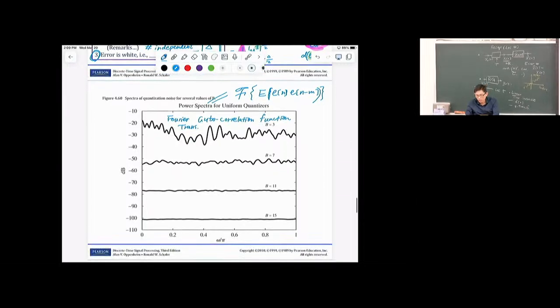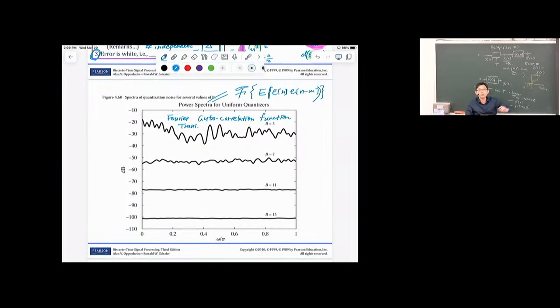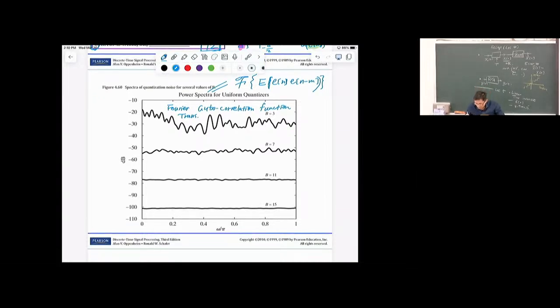This is the way we can attempt to answer our question. When we're given a piece of signal, does it look like white noise? My recommendation is to check the Fourier transform of its autocorrelation function. Here is the result, and if I remember correctly, this is the result of using 3, 7, 11, or 15, actually plus 1, so 3 plus 1.